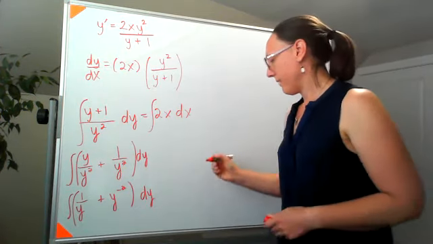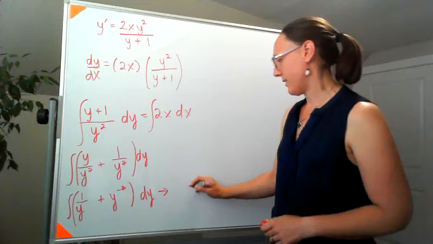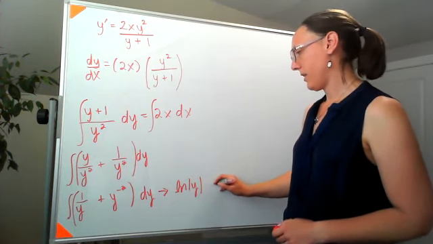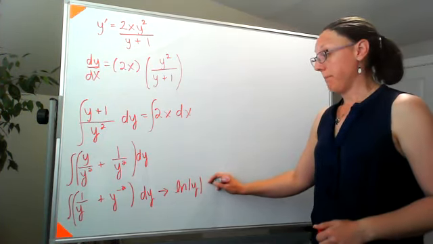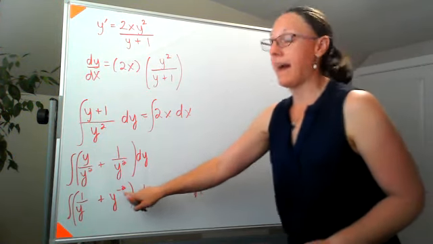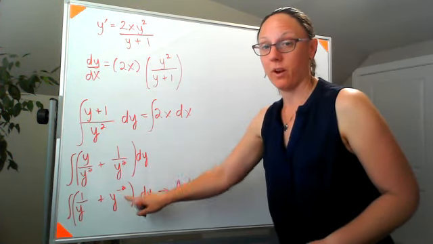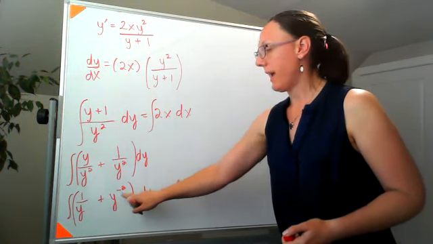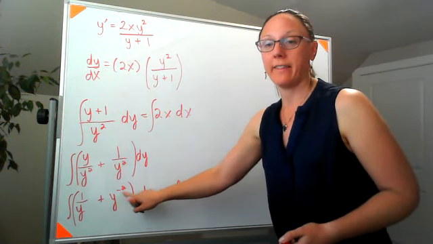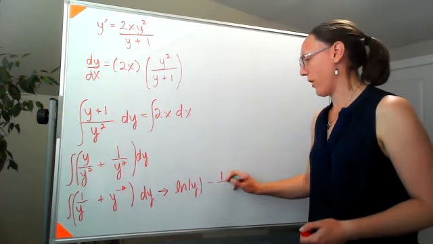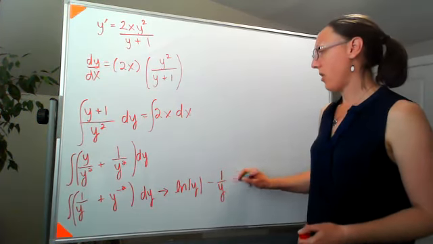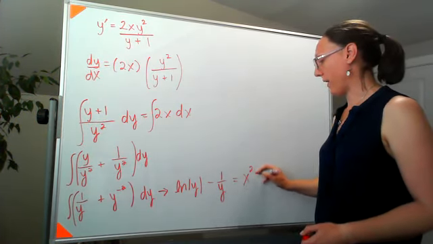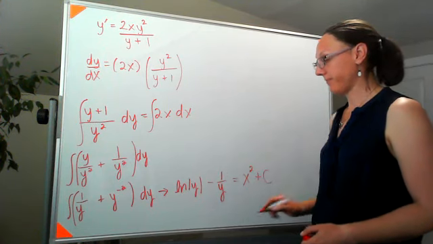So integrating that, I am looking at natural log of y minus, well, if I add 1 to the exponent, I'll have a negative 1. Dividing by negative 1, that's where I got my minus sign from. And y to the negative 1 is the same as 1 over y. On my right-hand side, if I integrate that, I'll get x squared plus constant.